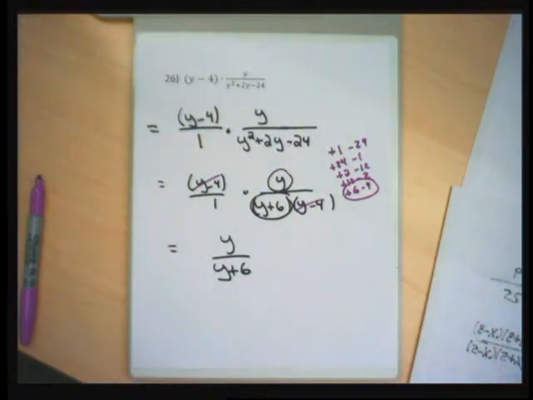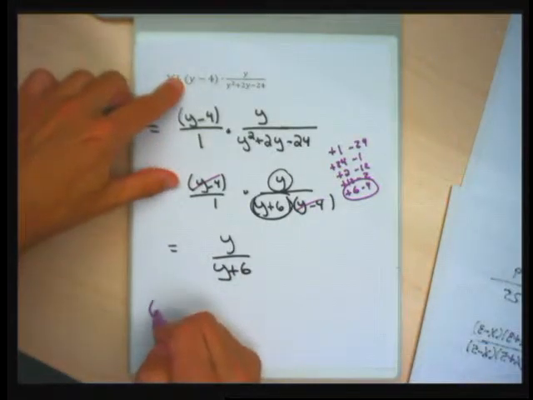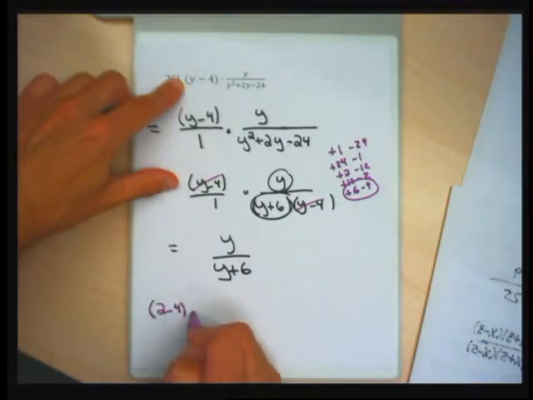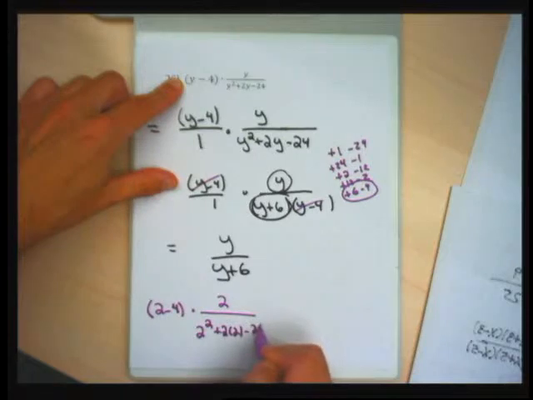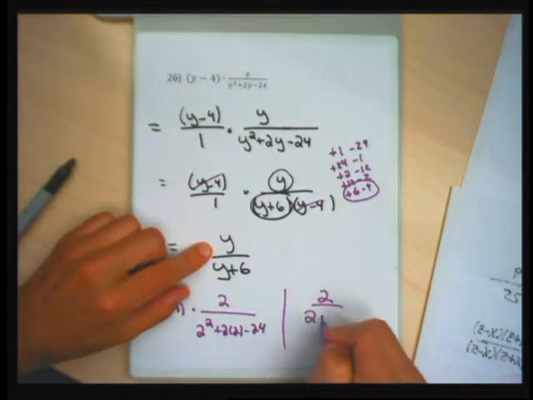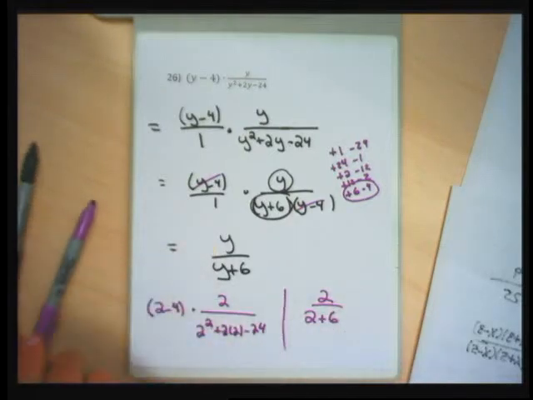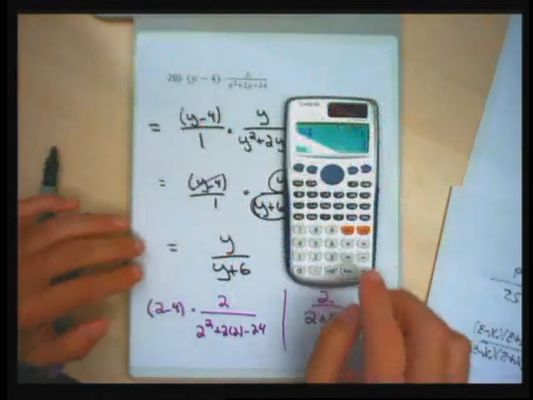I'm going to plug 2 into the original problem and 2 into my answer. Plugging 2 into the original problem, I'm going to go 2 minus 4 times 2 over 2 squared plus 2 times 2 minus 24. And then plugging 2 into my answer, I'm going to go 2 over 2 plus 6. Better get the same number for each of these computations. Easy enough to check, so that's why I'm doing the checking.